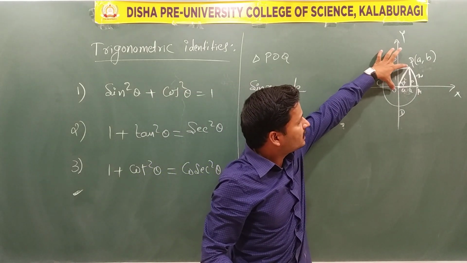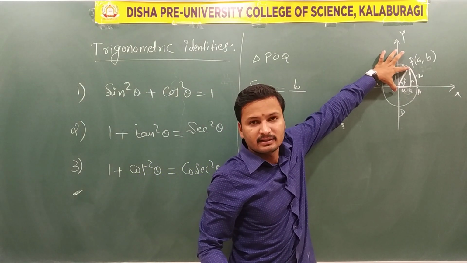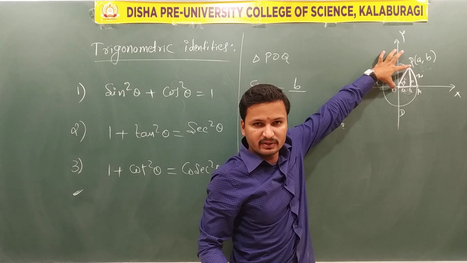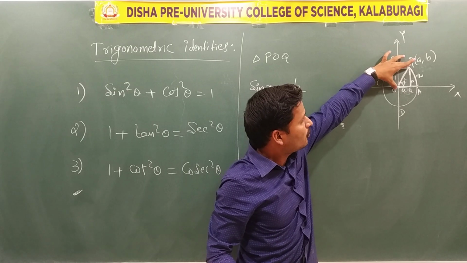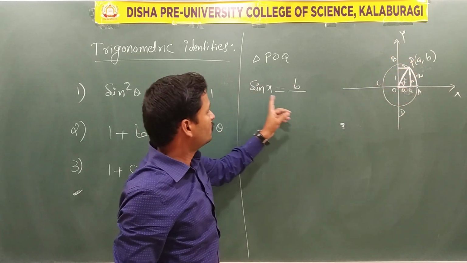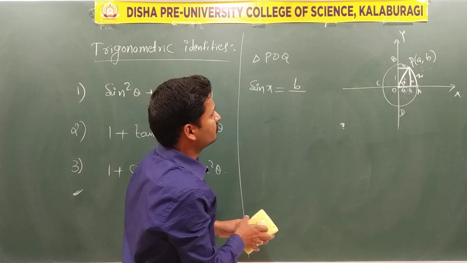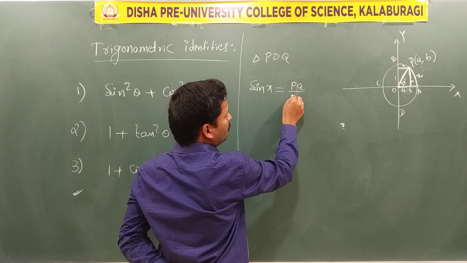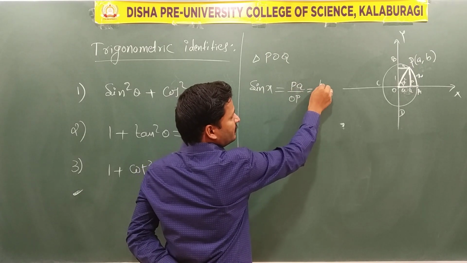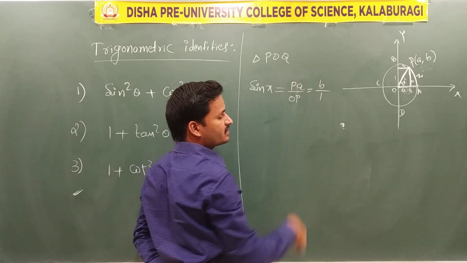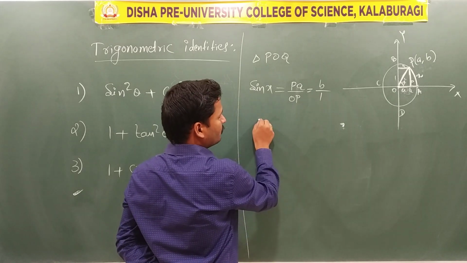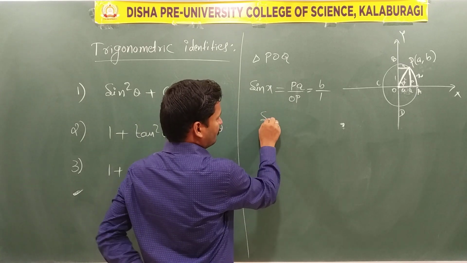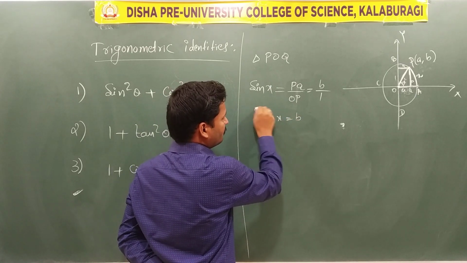Here OP is a radius of this circle, and the circle is a unit circle. Therefore the radius is 1, so the length OP is 1. So sine x is equal to PQ divided by OP. PQ length is B, OP is the radius, so that is 1 unit. So sine x is equal to B, or B is equal to sine x.